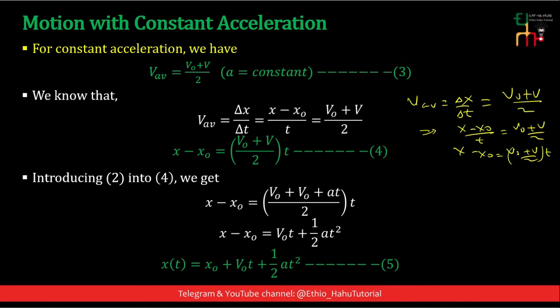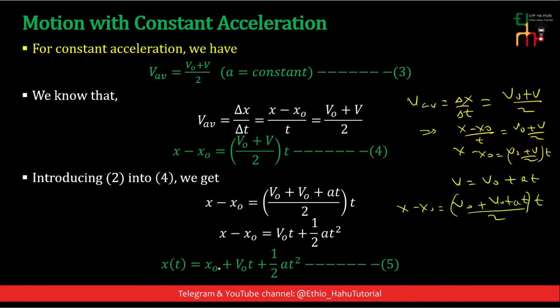Introducing the second equation into the fourth equation, the second equation is v is equal to v0 plus at. Introducing this into the fourth equation, x minus x0 is equal to (v0 plus v) over 2 times t, and substituting v as v0 plus at, we get (v0 plus v0 plus at) divided by 2 times t.